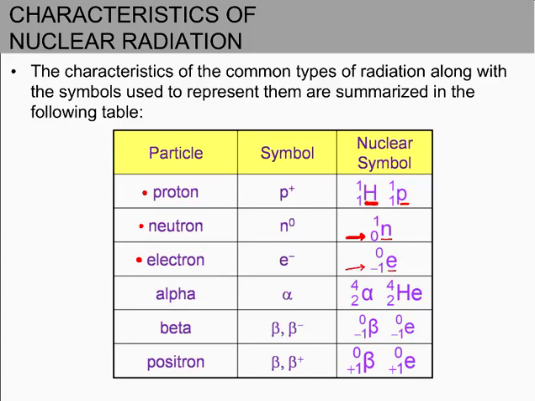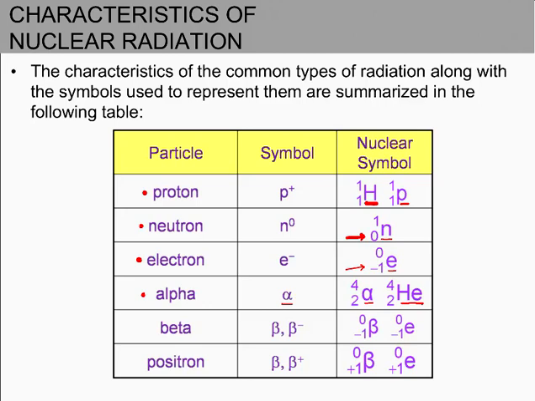All right, now let's get into some of our actual radiation particles. So alpha particles we can represent with an alpha symbol. So that's our Greek alpha symbol. And then the way that we represent an alpha particle in nuclear notation, we can either use that alpha symbol or helium, because remember, alpha particles are identical to helium nuclei.